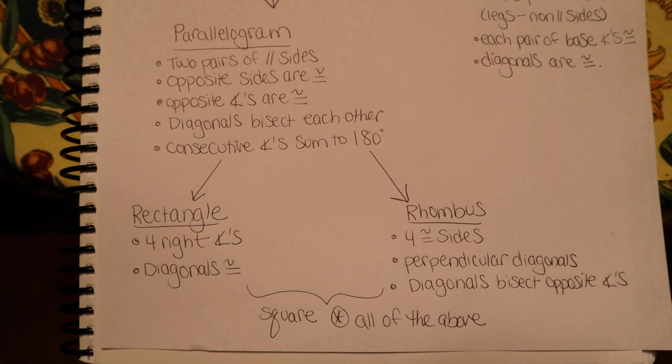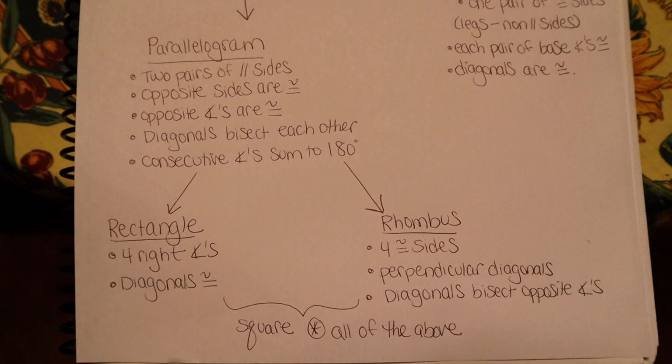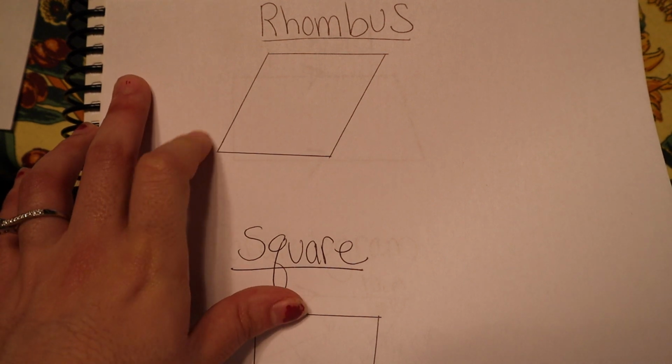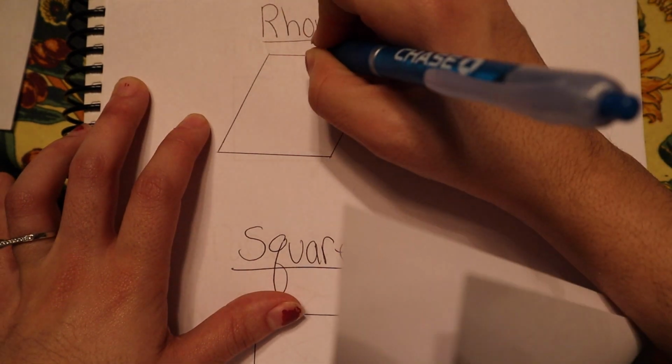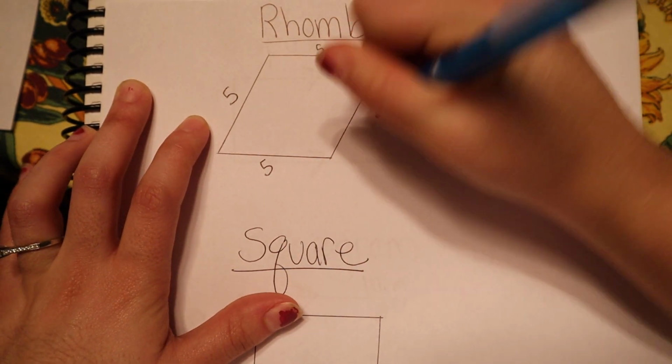What a rhombus has that a parallelogram does not is that a rhombus has 4 congruent sides, perpendicular diagonals, and diagonals that bisect the opposite angles, in addition to all the parallelogram properties. So in a rhombus, you have 4 congruent sides. So if this is 5, this is 5, this is 5, and this is 5.